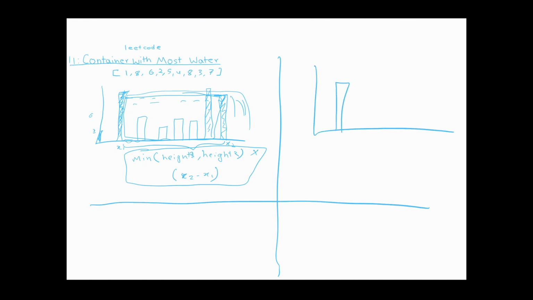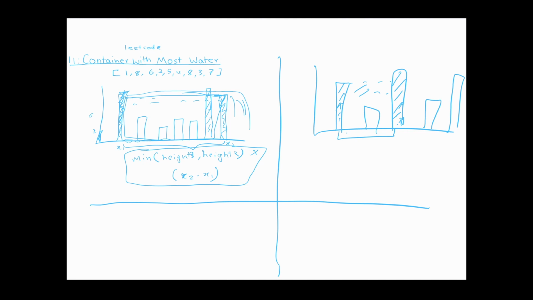So provided we have any number of pillars, the first solution is pretty simple, right? We can go through two for loops and compare every pillar with every other pillar and try to find the solution, which is order of n square basically.